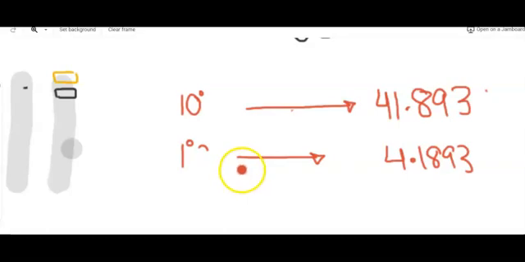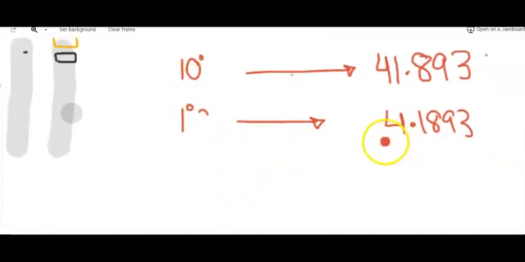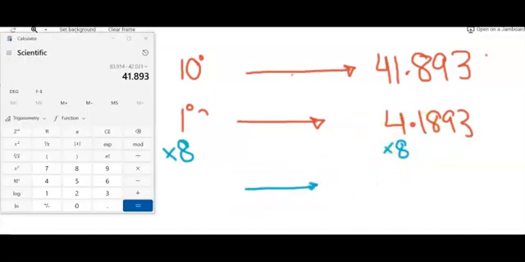Now I want at 18 degree. Which means I multiply that by 8, not 18, 8. I'll tell you why in a minute. Multiply that by 8. So if I multiply that by 8, the answer is 335.